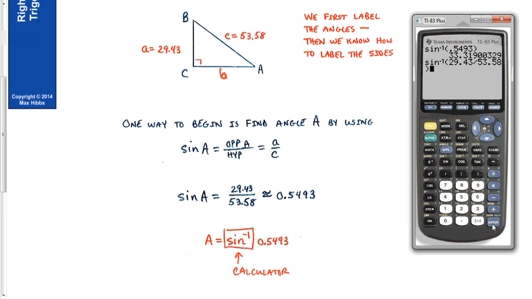So I can make the calculator do all of my work. Notice that this is actually a little more accurate, but if I round to hundredths, I'm still going to get 33.32.